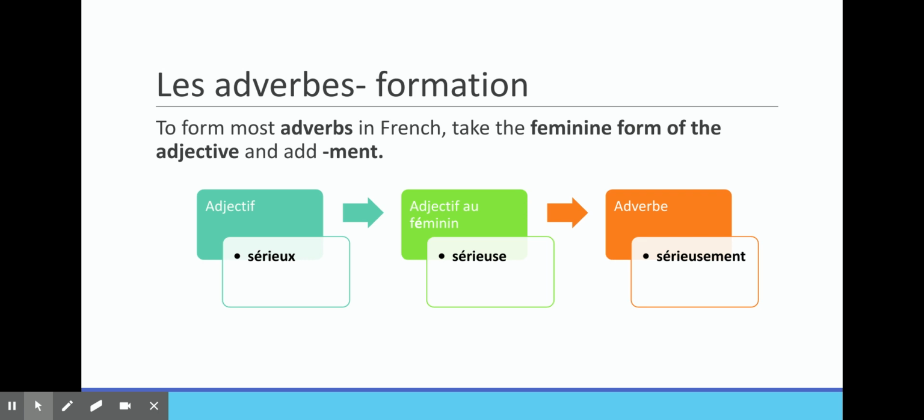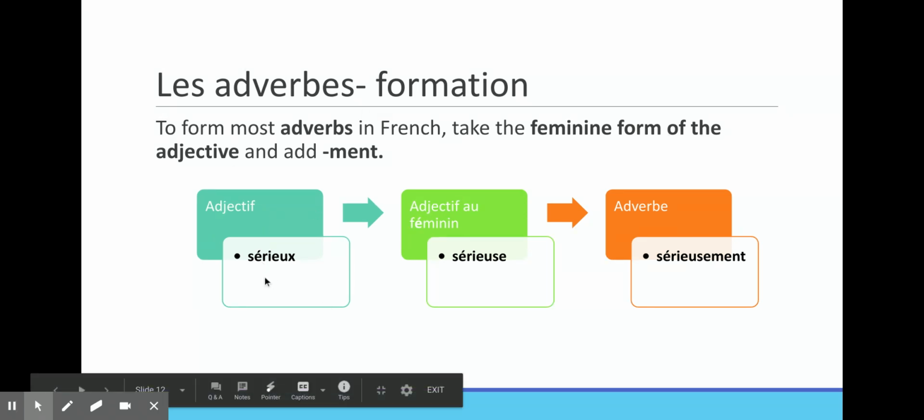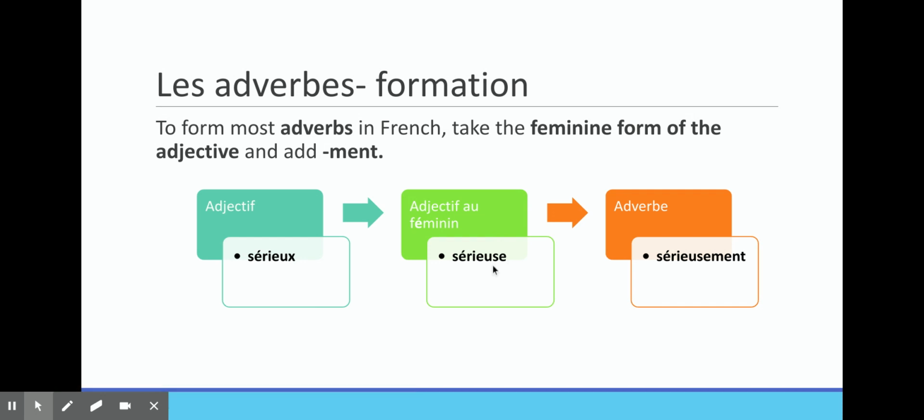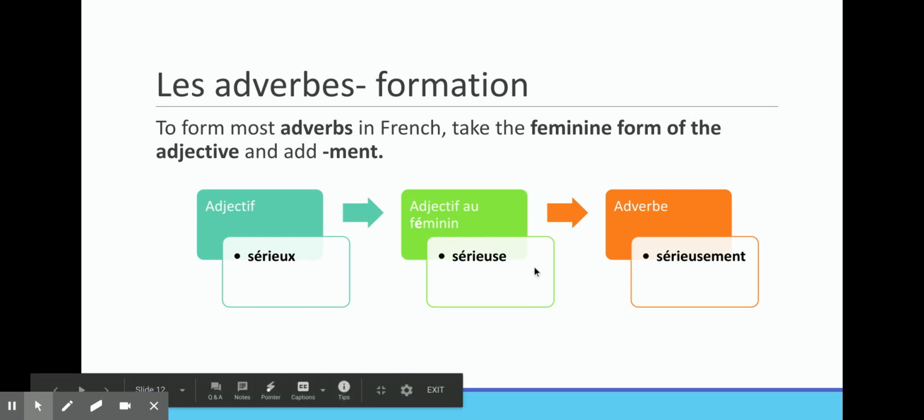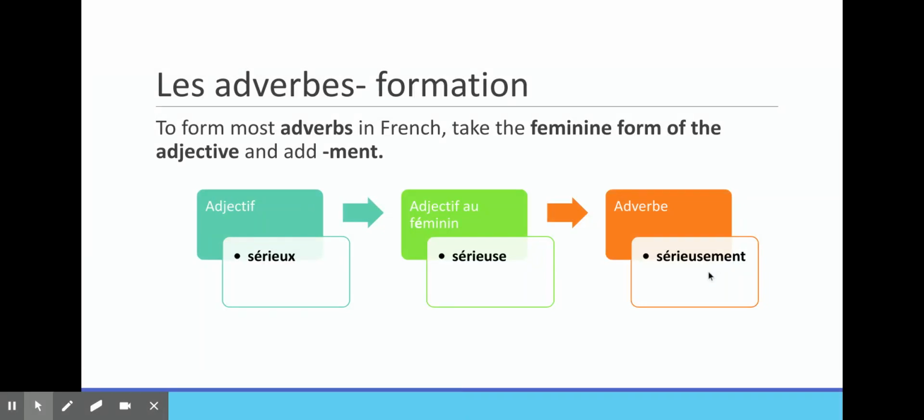You first have to take the adjective in the masculine form, and then transition it into the feminine form. So we went from sérieux to sérieuse. And then to make it an adverb, all we have to do is add ment onto the end. So we take sérieuse and add ment, and we end up with sérieusement. And that means seriously. So you can take an adjective, transition it into the feminine, and then add ment to make it an adverb.